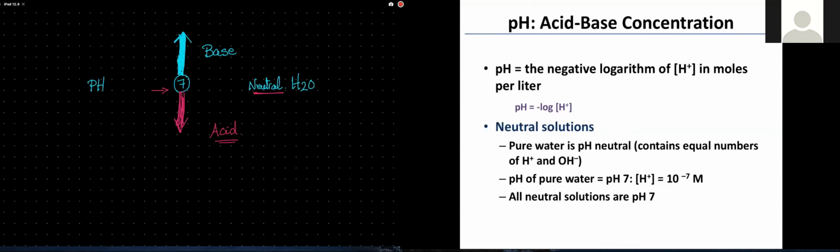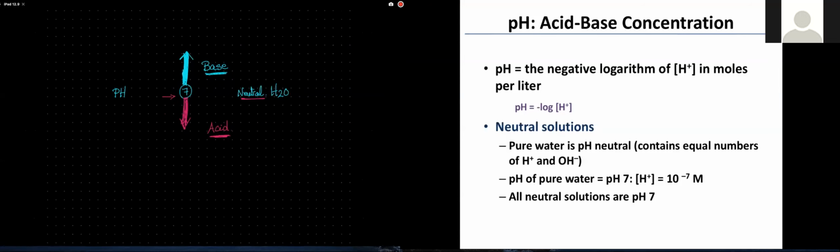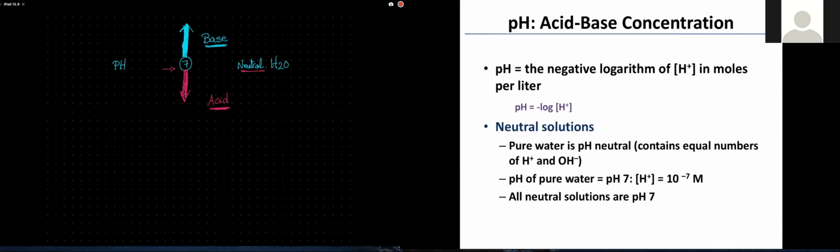Having pH greater than 7, it's a base. Having a pH lower than 7 is going to be an acid. Is this clear? Just for you to remember, to not get confused which one is greater than 7, which one is lower than 7.